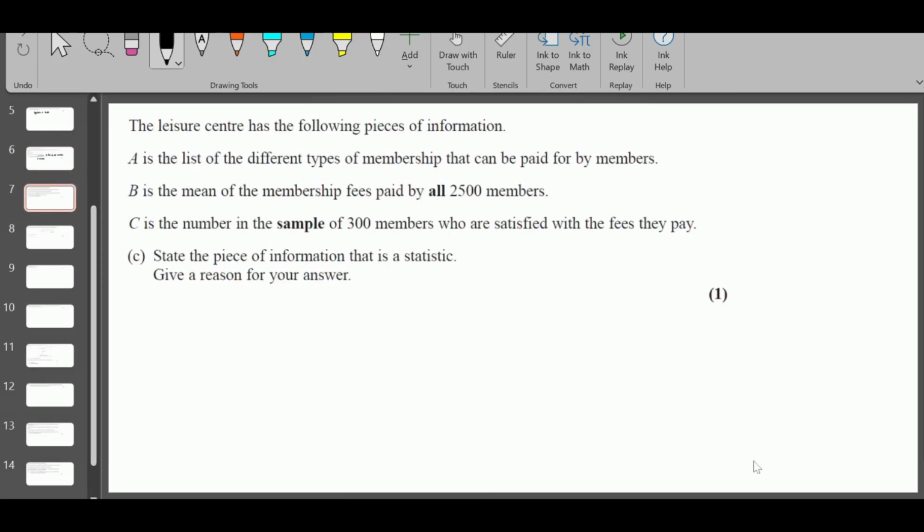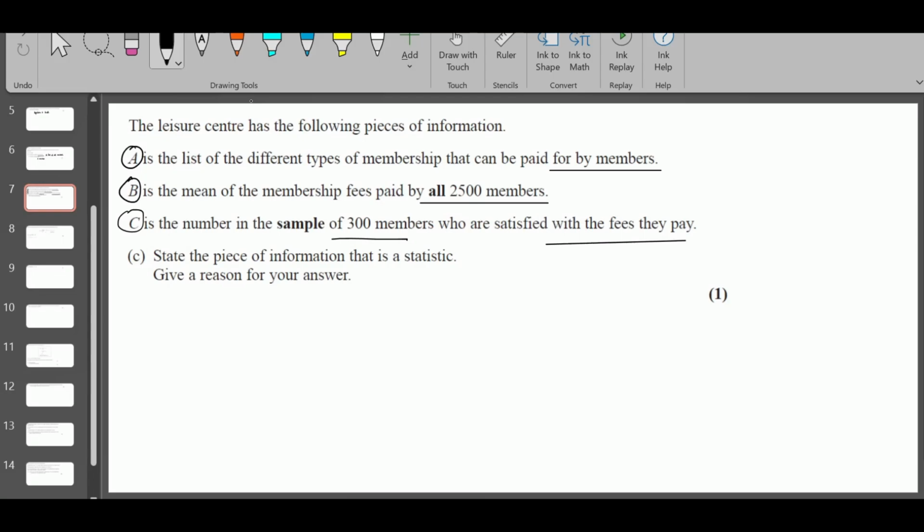Part C now. The leisure center has the following pieces of information. A is the list of different types of membership that can be paid for by members. B is the mean of membership fees paid by all 2,500 members. C is the number in the sample of 300 members who are satisfied with the fees they pay.